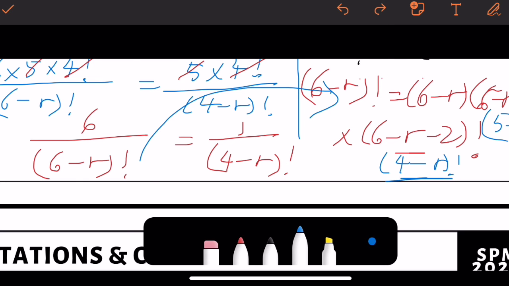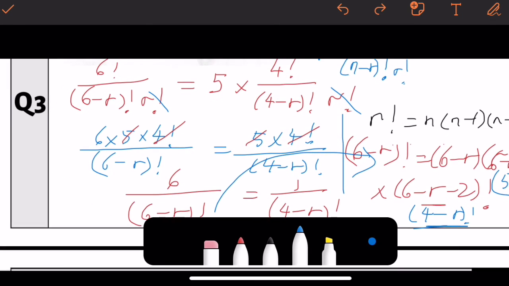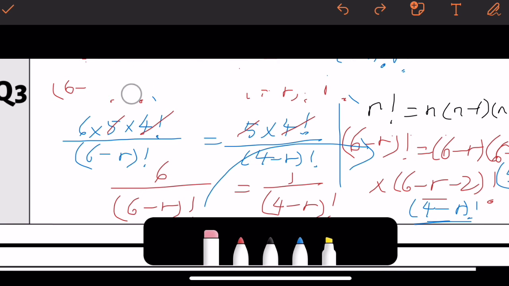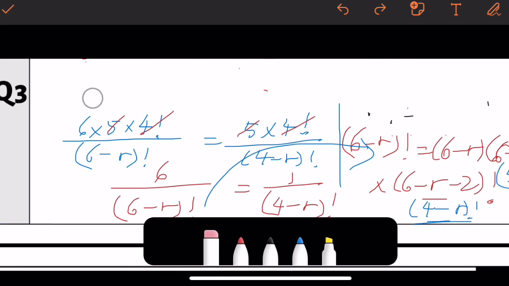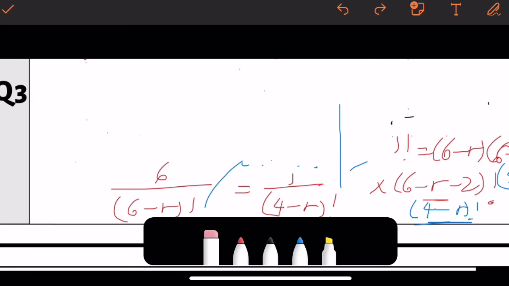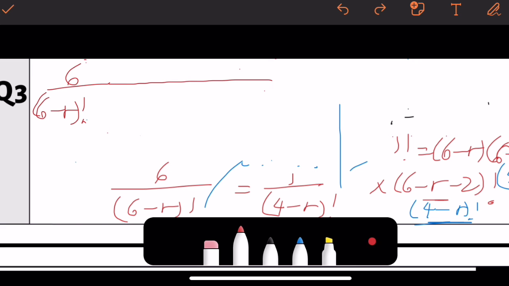Okay, so let me write nicely. Let's go up and write properly. I'm going to show you the steps to simplify this. It's a bit complicated. So you see, I have 6 over 6 minus R factorial, right? Instead of writing 6 minus R factorial, I'm going to write 6 minus R, 5 minus R, 4 minus R factorial.